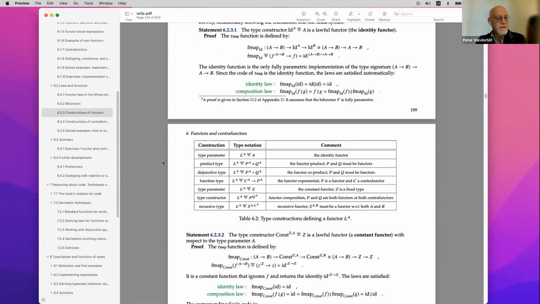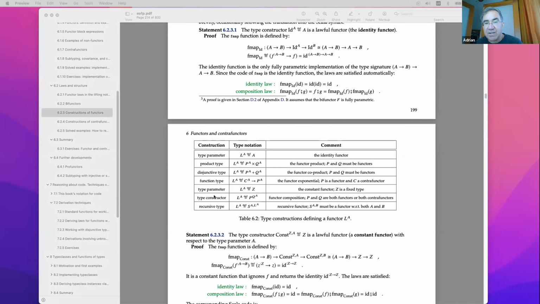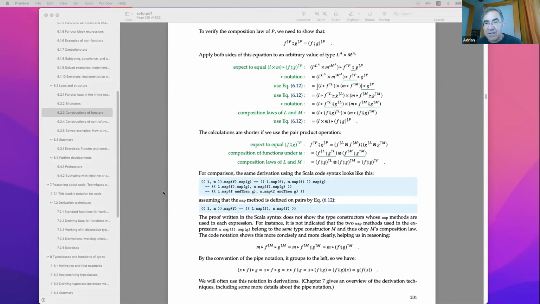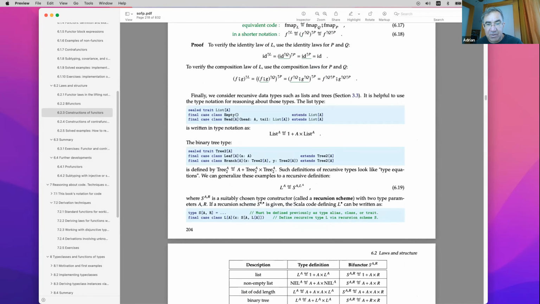Does he go into the positivity stuff? Yes. Right, these are functors, and so they are covariant in their argument, if that's what you're referring to. Hmm, I guess so. Table 6.4 lists the ways to build a contrafunctor, which of course is contravariant in its argument.